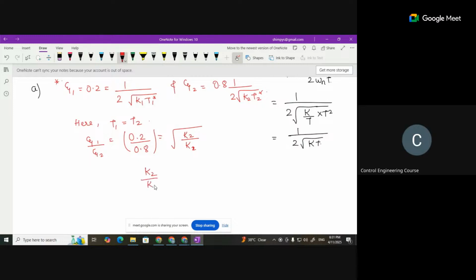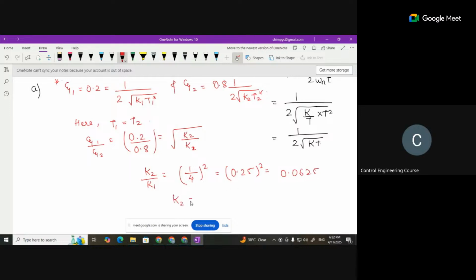K2 by K1 is equal to, you can write this as 1 by 4 square, or that is 0.25 square, that is 0.0625, right?